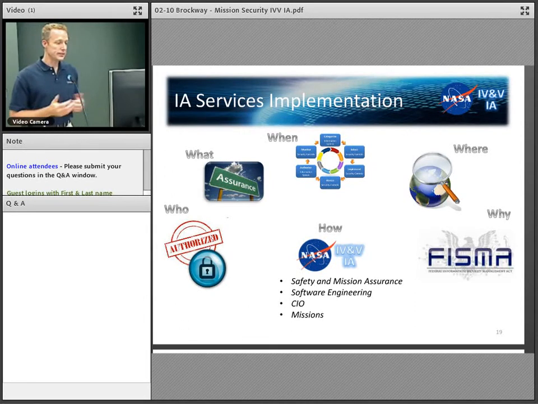Where is everywhere, and don't take the magnifying glass, much like the target earlier, as to just be looking down on Earth, because certainly here at NASA we have to be thinking about the security of what's orbiting and out there as well. But where is everywhere? Why? We talked about FSMA.